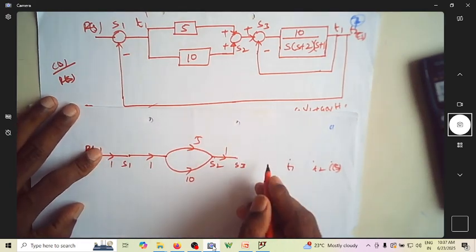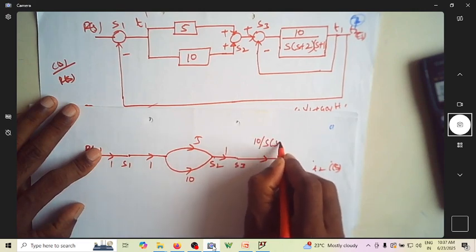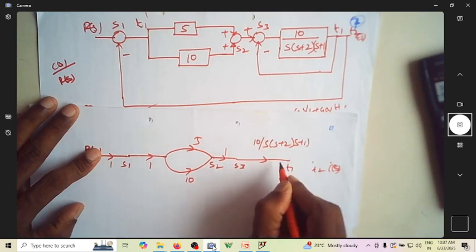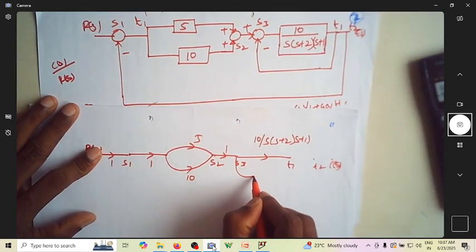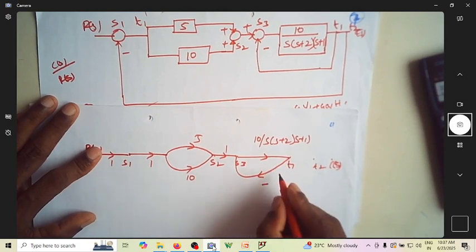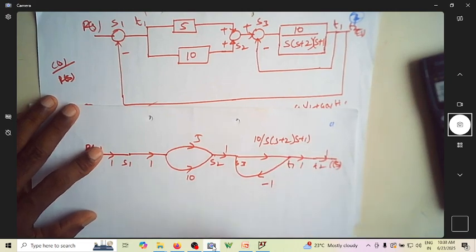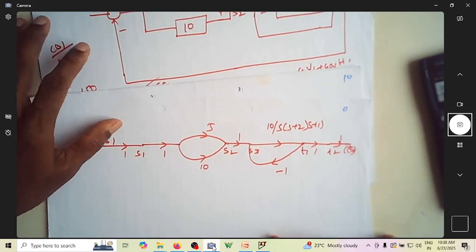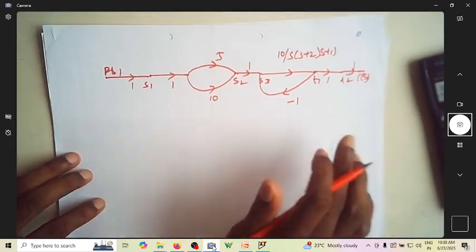Between S3 and T1, you have 10 by s into (s plus 2)(s plus 1), and between this and this, it is minus 1, and here it is 1, here also it is 1.